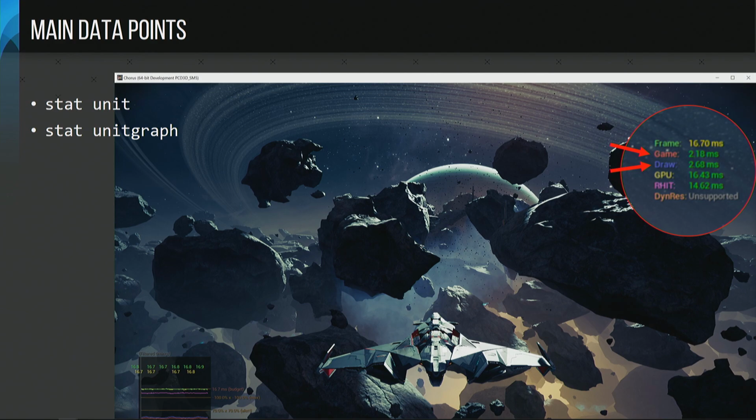These are the CPU-side preparations for rendering, basically stuff like culling, generating draw calls, all of that. And then you have the GPU time, the time that it actually takes the graphics card to render your nice images and put them on the screen. So these are the three main factors that we looked at in these dashboards.